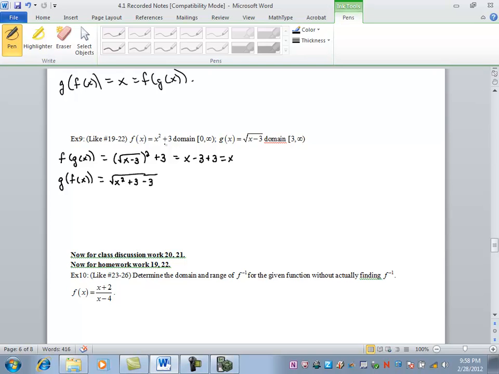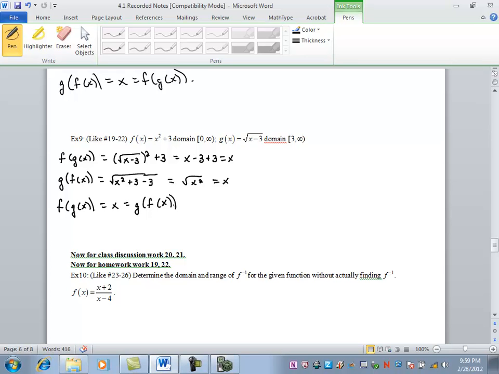We just put x squared plus 3 right in here for x. And so this gives me the square root of x squared, and of course the square root of x squared over this domain is going to be x. And so we have shown that f of g of x equals x, which equals g of f of x.